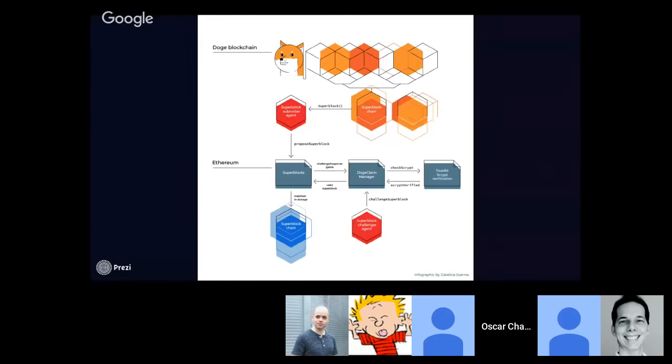Okay, so first question. Superblocks are sent with a certain delay. And yes, if you send a transaction moving from Dogecoin to Ethereum, you have to wait some time until the superblock is published. You don't get the Doge tokens right away. I don't know if that was the first question. Yes.